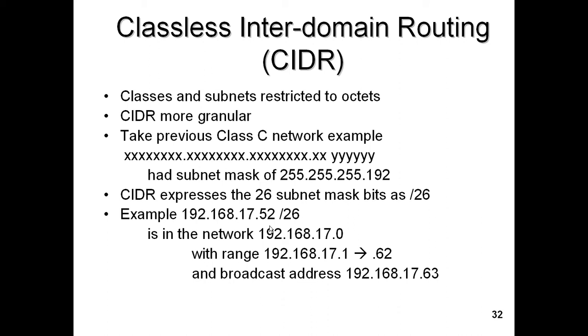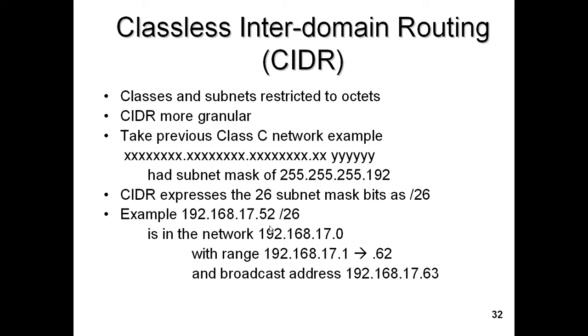All this does is it takes the bits that make up the subnet mask and expresses them as a slash and a number to say, okay, our example with a 192.168.17.52/26, our network address is 192.168.17.0, and this is going to give us that first group of that 192 octet because we're using the first 2 bits of the subnet of the last octet.